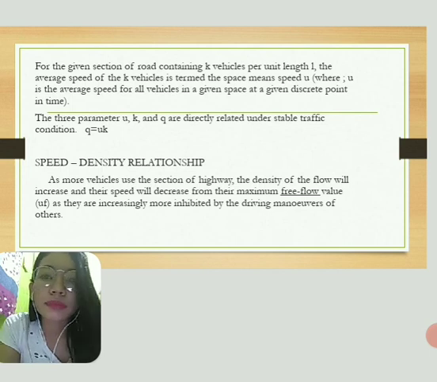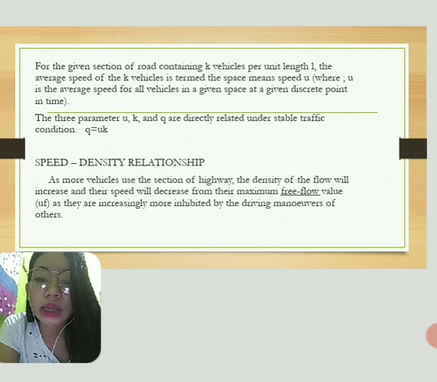So, in the speed-density relationship, if the density of the flow increases, the speed decreases from the maximum free flow.